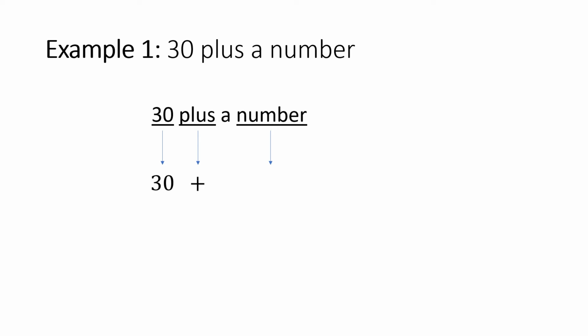For all of the examples in the video, I'm going to use my variable x to represent any unknown numbers, so that's just going to be x. So 30 plus a number translates to the algebraic expression 30 plus x.